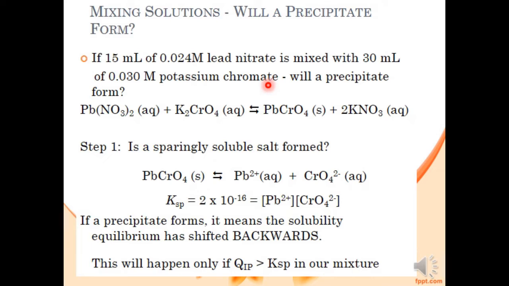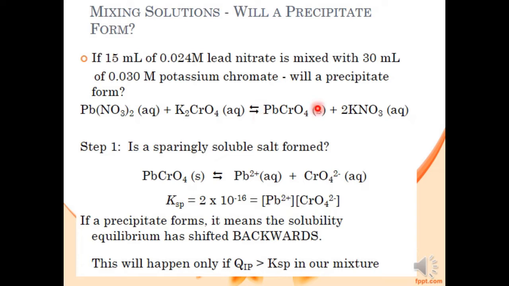The first thing that we do is write the balanced chemical reaction. Lead nitrate mixed with potassium chromate, so we end up getting lead chromate and potassium nitrate. This is the solid form, this remains in aqueous form. Our focus is this, because the question is asking, will a precipitate form?